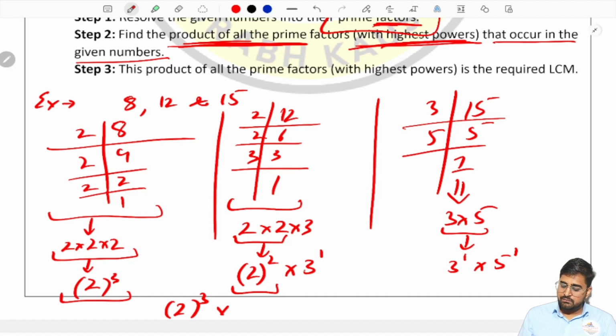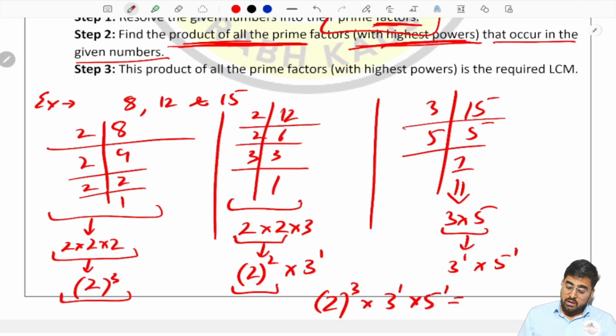Now we have 3 to the power 1 and 3 to the power 1. Basically, 3 to the power 1 is the only factor available, so there is no comparison. So we write 3 to the power 1. And we have 5 to the power 1. There is no comparison because only one component is there, so we write 5 to the power 1.